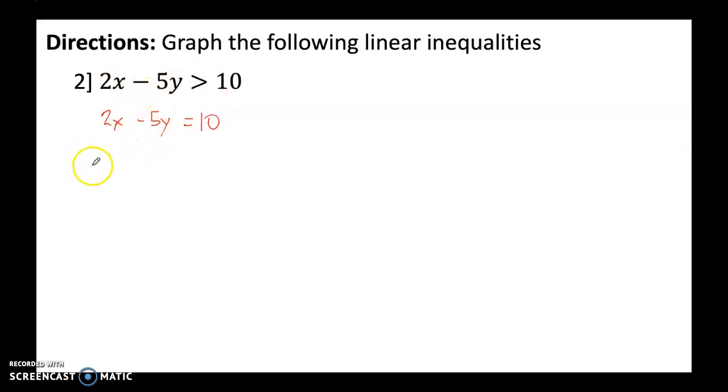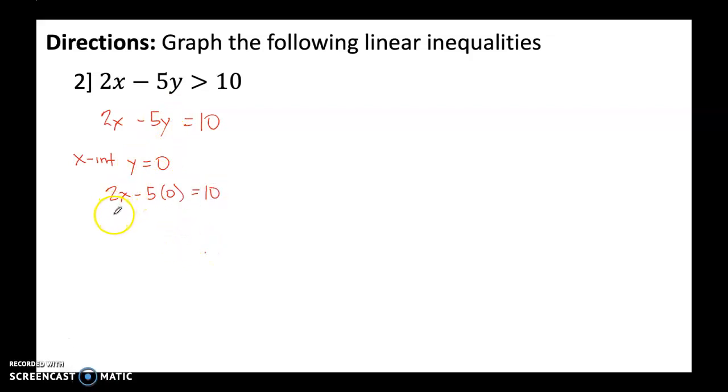Since 10 is divisible by the numerical coefficients of x and y, we use the intercept method to graph the inequality. So to use the intercept method, we need to find the x-intercept. To find the x-intercept, let y be equal to 0. So we have 2x minus 5 times 0 equals 10.